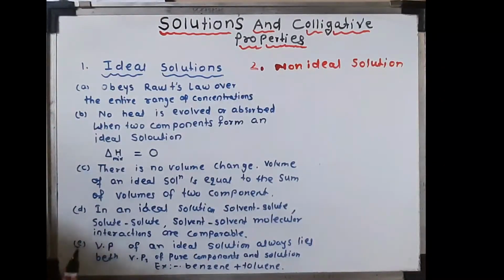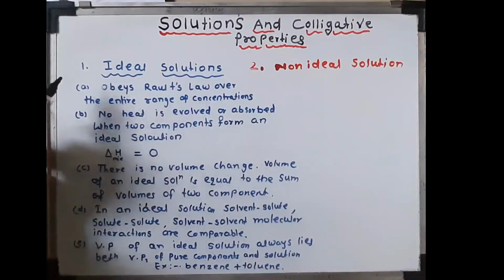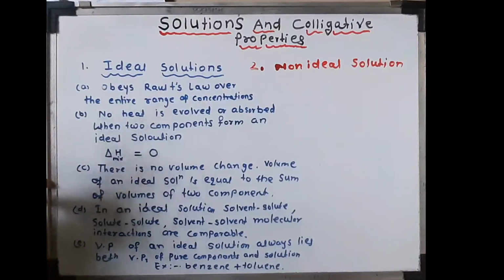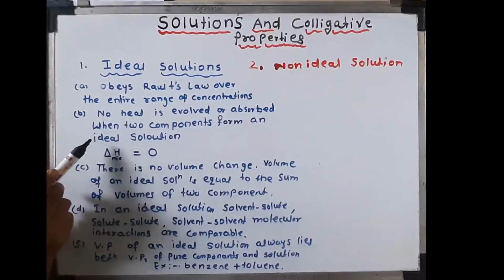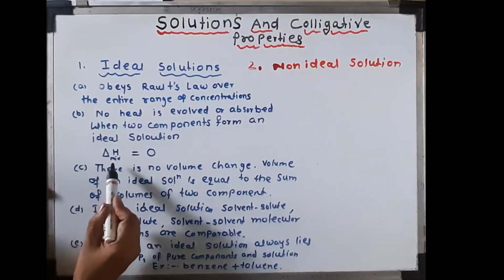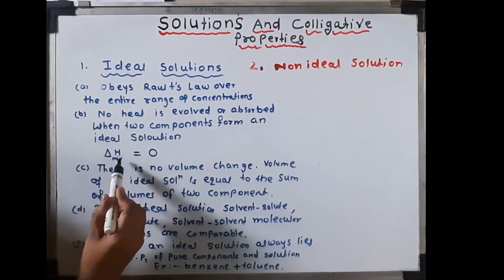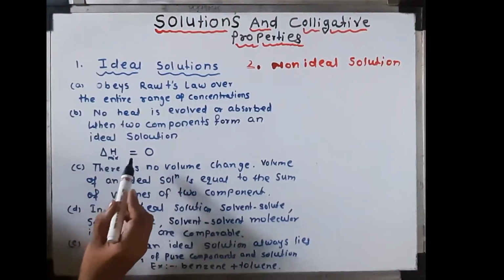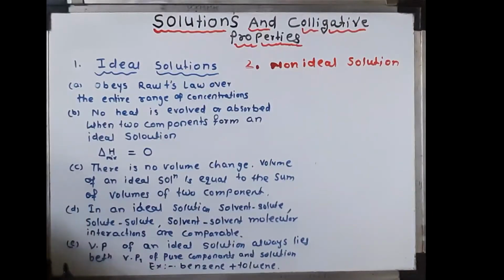So these are some characteristics of an ideal solution. First, an ideal solution obeys Raoult's law over the entire range of concentration. No heat is evolved or absorbed during the formation of an ideal solution. Therefore, delta mix H, the enthalpy of mixing, is always 0.